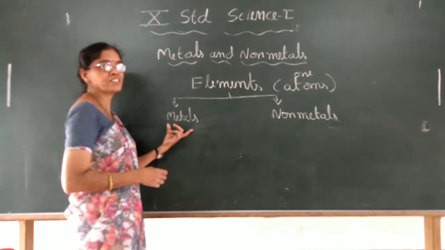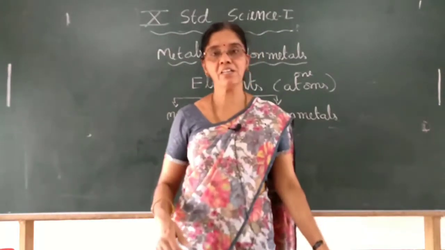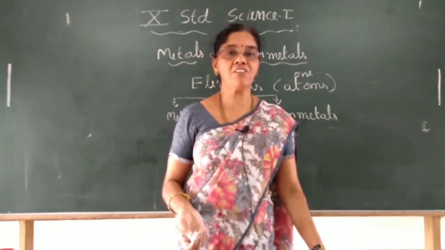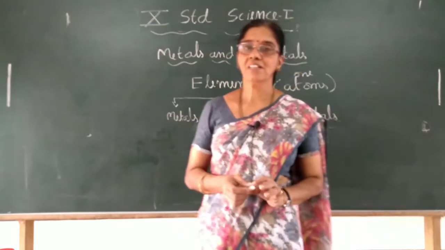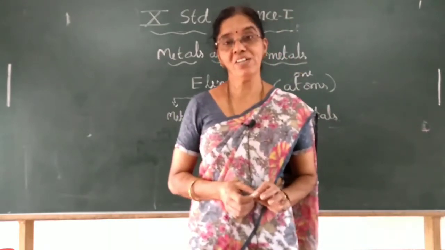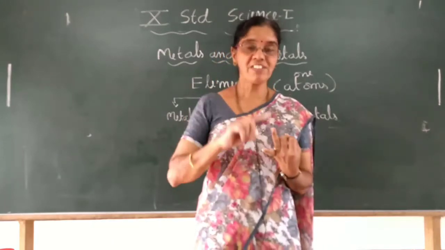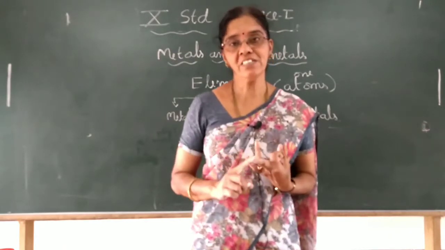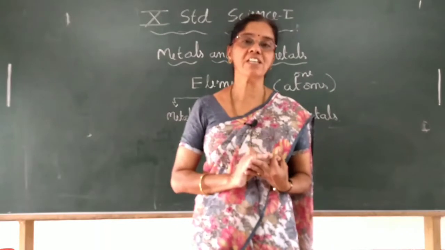What are metals and what are non-metals, that we'll study in this chapter, and the chemical properties of metals and non-metals, then the reactivity: how they react with oxygen, how they react with water, and how they react with acids. These are the chemical reactions we'll study.